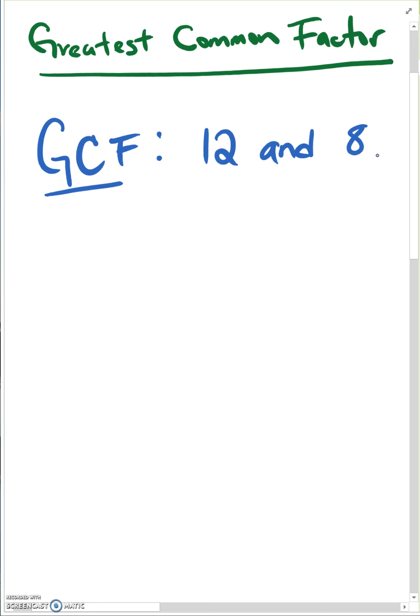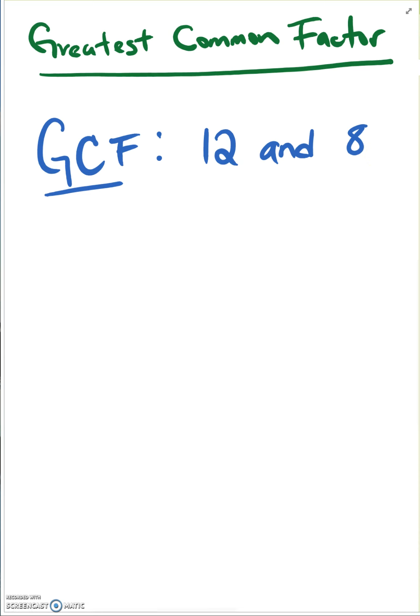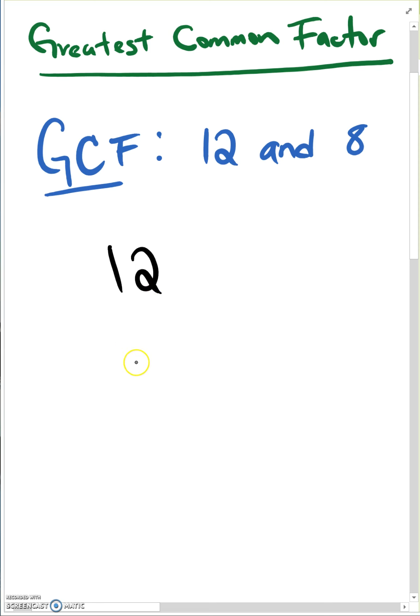So how I would set up this problem is I would write down 12, I would write down 8 underneath, okay? And then I would find numbers that when I multiply give me these two digits. For example, 1 times 12 gives me 12.